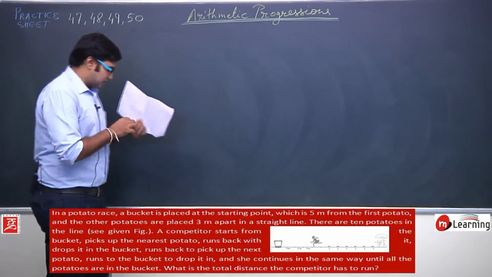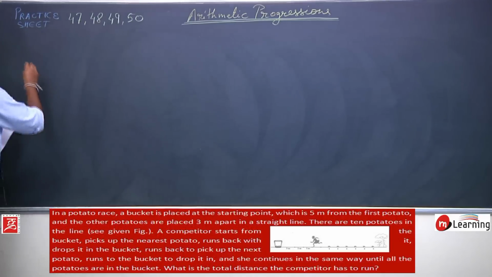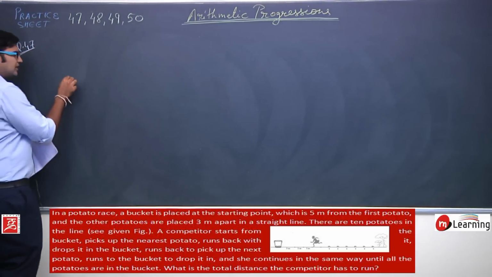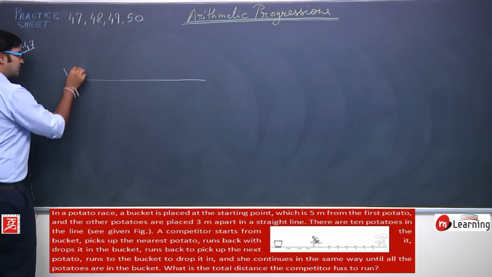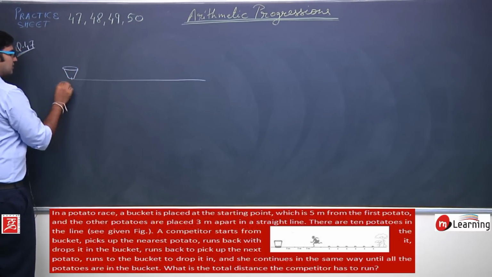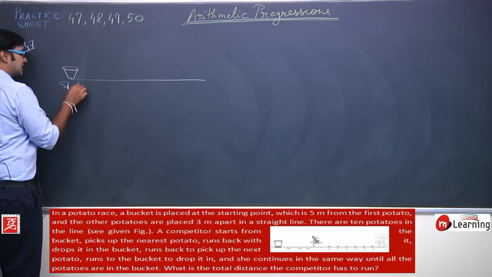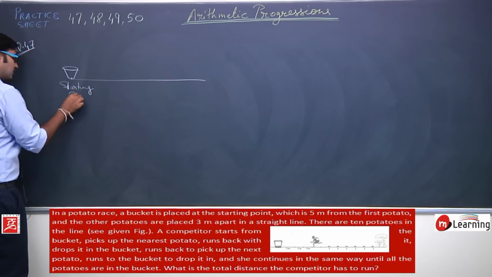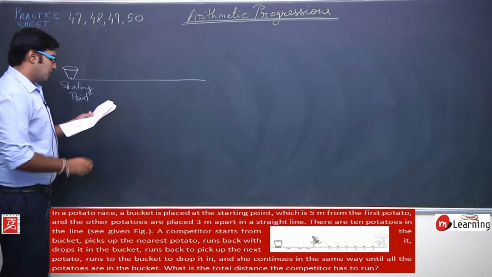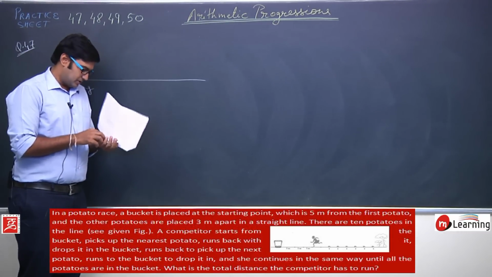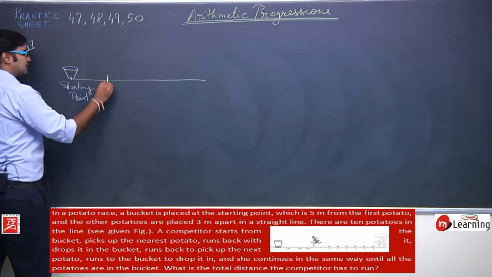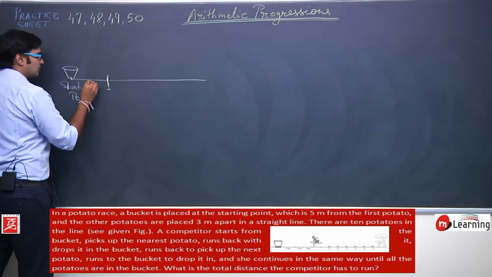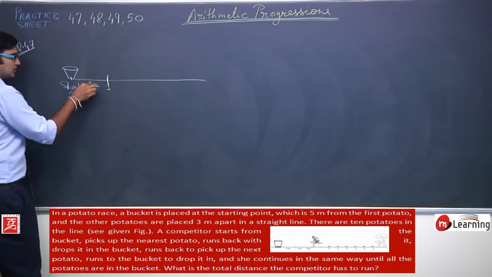So according to the question, in this bucket race, there is a bucket kept at the starting point. So this is, let us say, the starting point, and a potato is kept some 5 meters away from this bucket. Let us say here is the first potato, which is 5 meter away from the bucket.